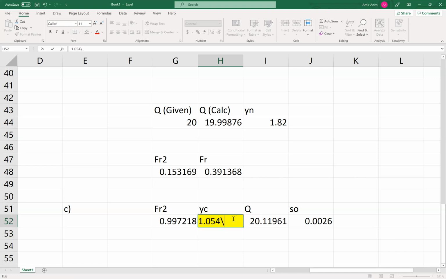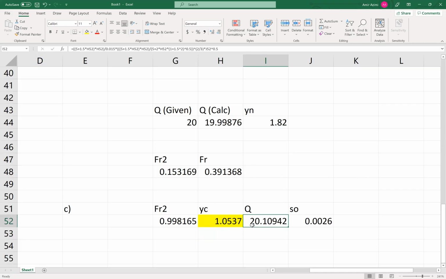So it would be 1.0535. So you see that I can make that as accurate as possible. So this would be the accurate value. You can just play around with the value of the critical depth to make the Froude number exactly equal to 1. Three digits after the decimal point, or 2 digits for depths, is enough.